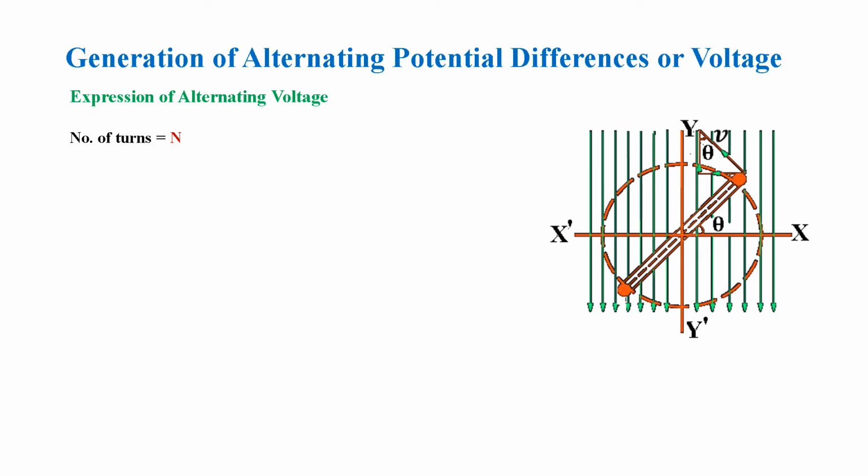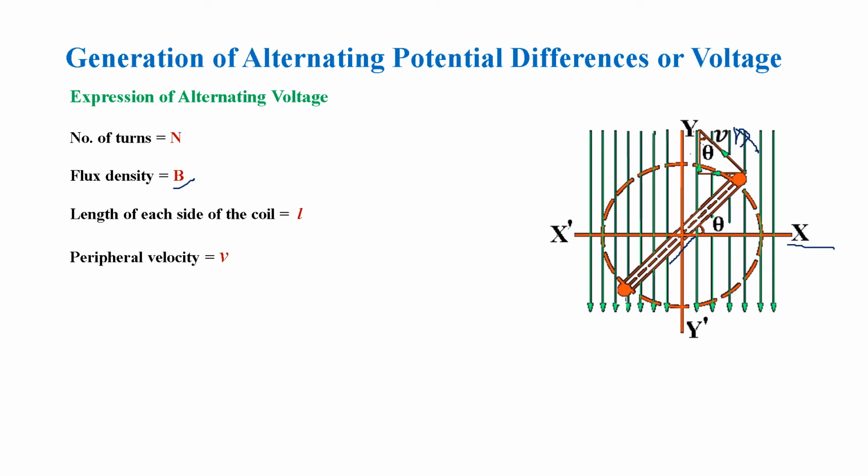We consider the flux density to be B Weber per meter square, the length of each side of the coil to be L meters, and the peripheral velocity to be V meter per second. Again we measure the angle from the horizontal position, that is from the x-axis.